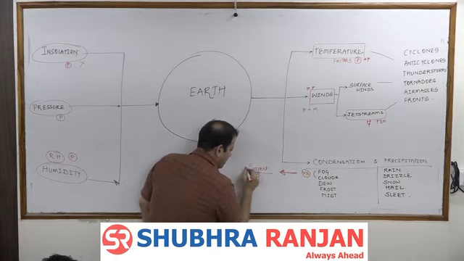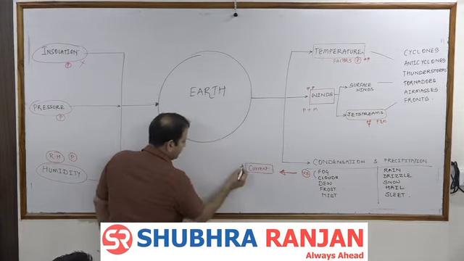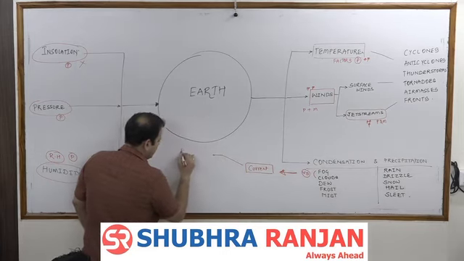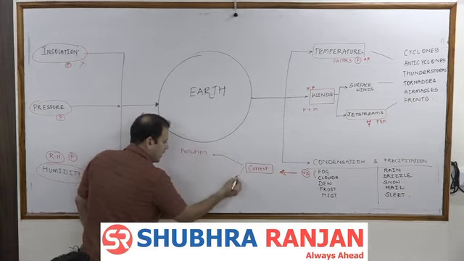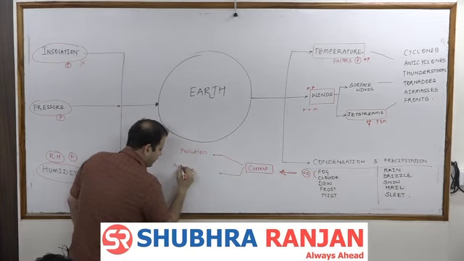And what are the two topics related to the current affairs? One is the pollution in India. And the other is artificial rainfall.